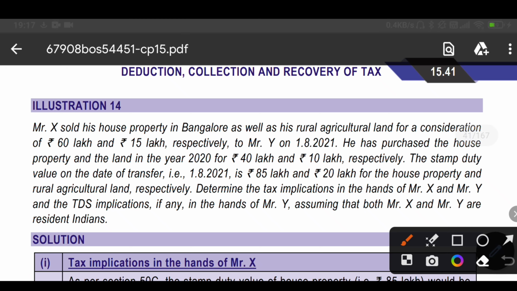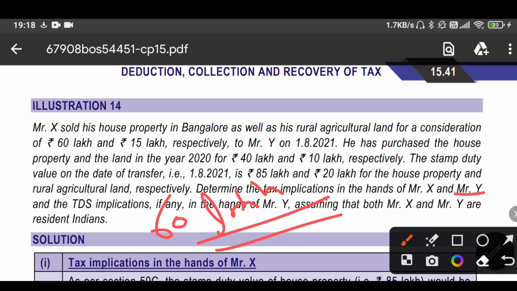And next, in case of Mr. Y, so Mr. Y got the property at 60 lakh, which is less than fair market value, the stamp duty value, right? So 60 lakh is less than stamp duty value, and the difference is of course more than 10% of the consideration, or 50,000 rupees.